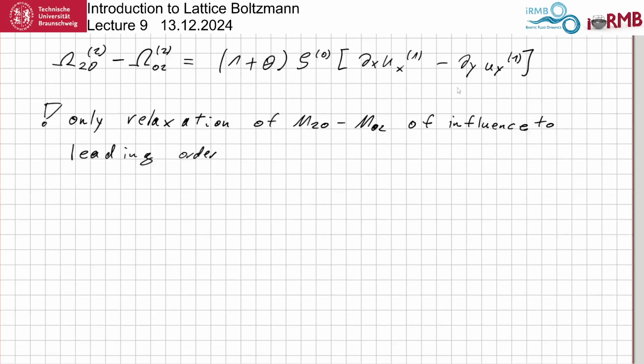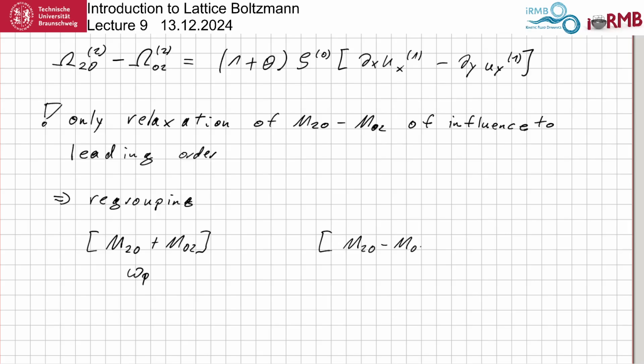So what we do is we do a regrouping. So we say we have the moments together M20 plus M02, and this is something that can relax with something else. So we give this a relaxation rate omega p. And the other thing, M20 minus M02, this gives the omega of the BGK. Yeah?